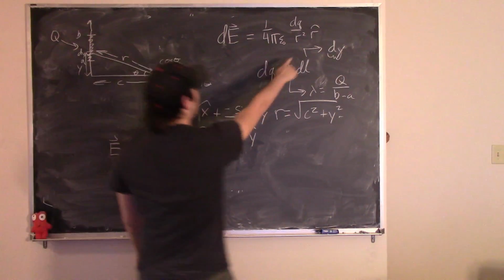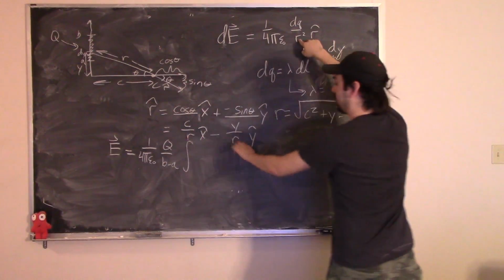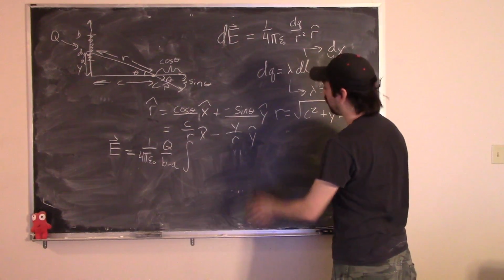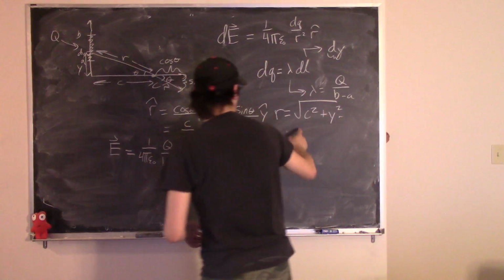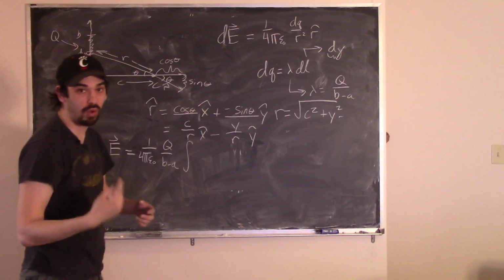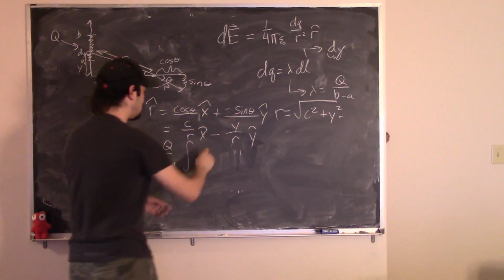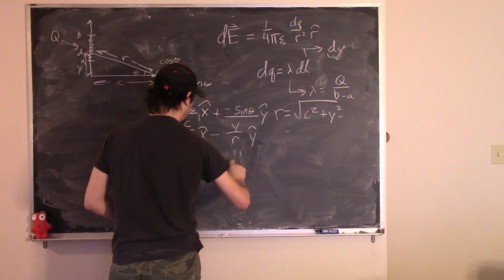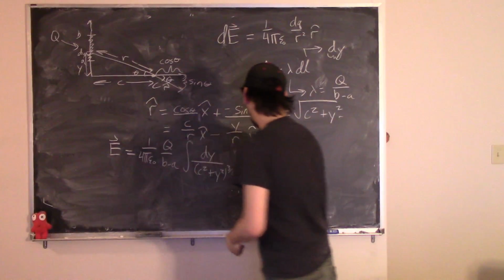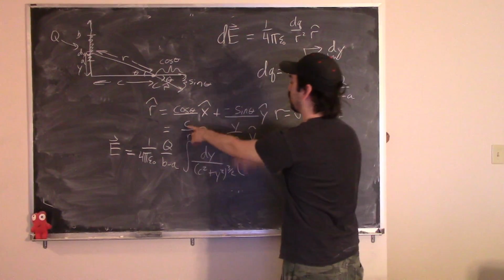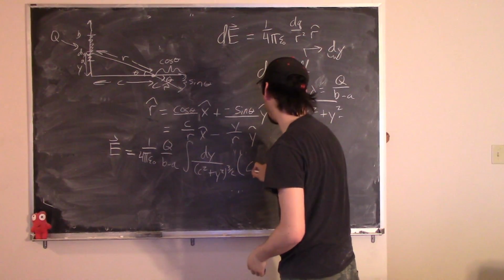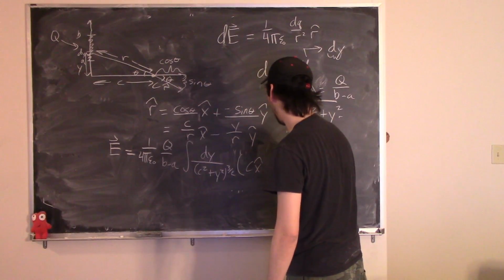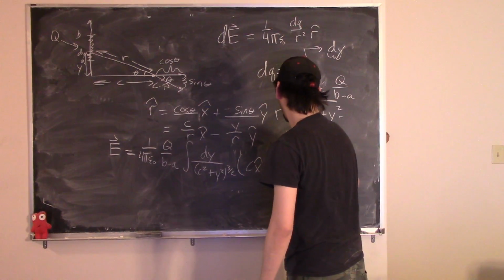We have an r squared here, and we have an r in the denominator for both of these, and so that's going to make an r cubed. And r is the square root of c squared plus y squared, and so that means that this is going to be dy divided by c squared plus y squared to the 3/2 times the remaining piece of our unit vector, and so this is going to be c x hat minus y hat.